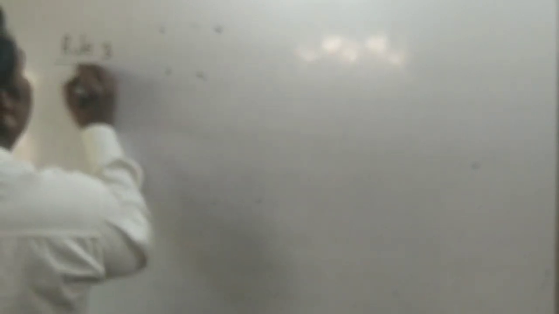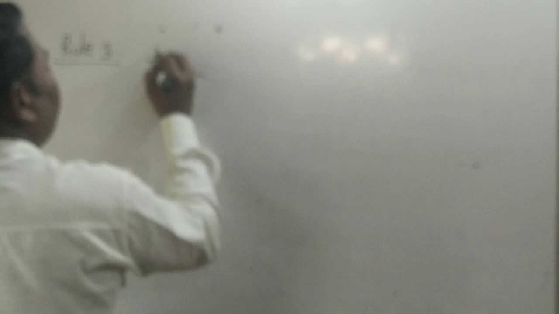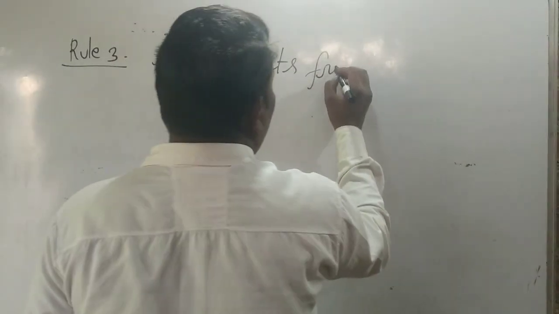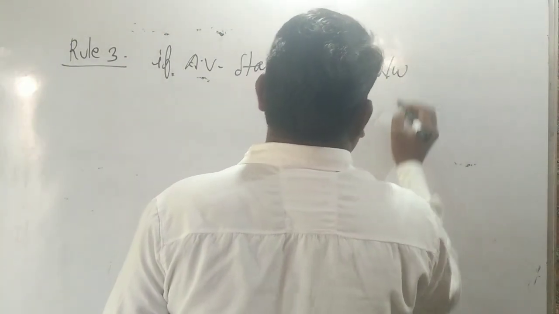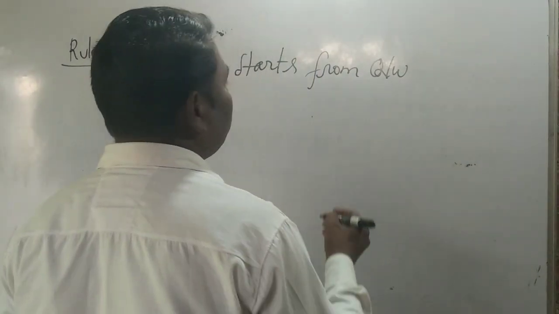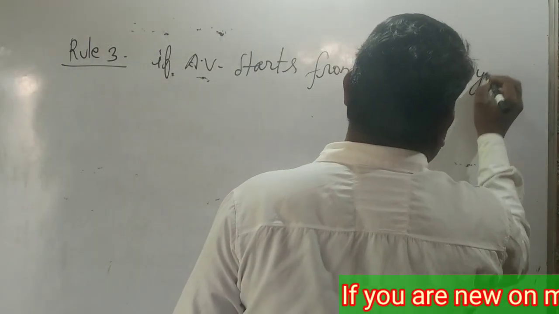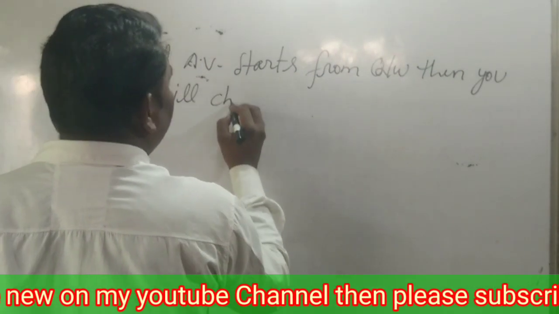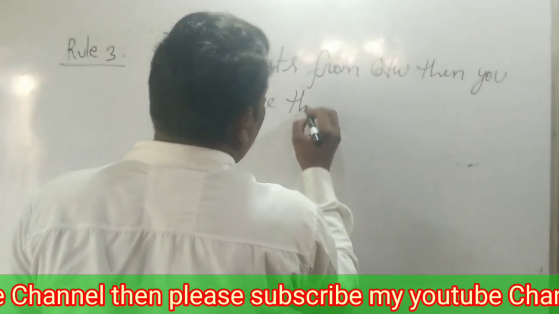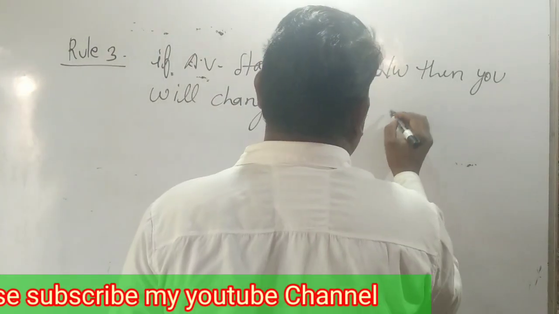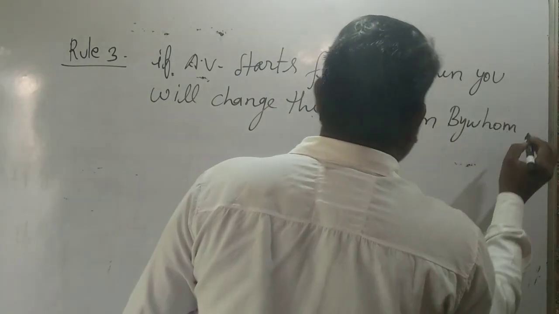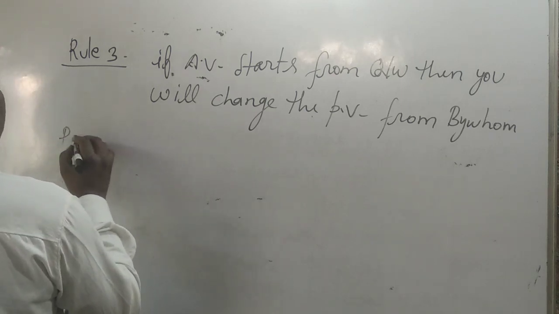Rule 3. If active voice starts from a question word, suppose that your active voice starts from a question word, then you will change the passive voice from by whom, and see the pattern.